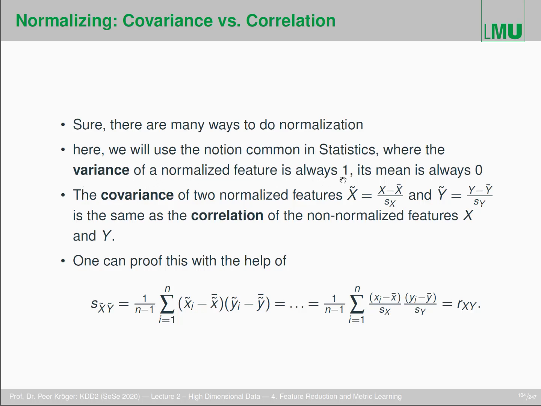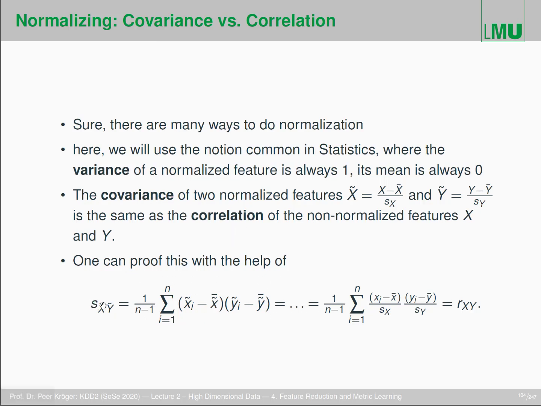Then the covariance of two normalized features, x and y, is the same as the correlation of the non-normalized features. So we can work with the covariance, which is mathematically a little bit easier to work with than the correlation.